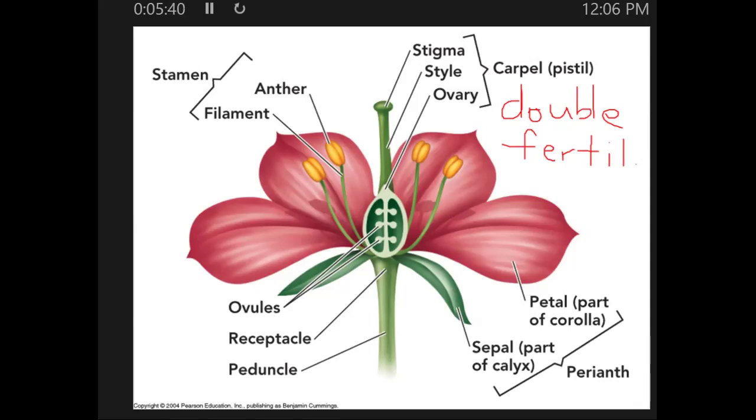So if that goes as predicted, then as soon as that occurs, you're going to have the fertilized egg, which is now called the zygote, starting to grow, just lots of mitosis, grows into an embryo, and grows and grows into the baby sporophyte inside the seed.